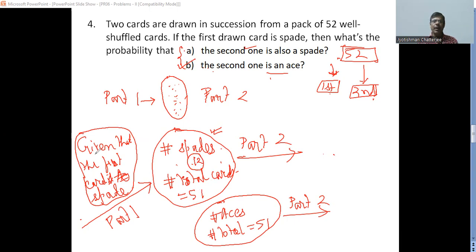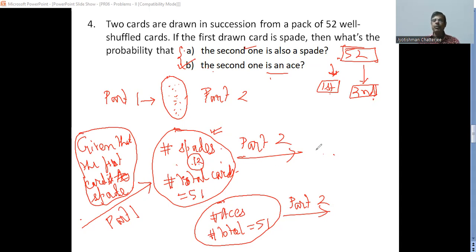That means no matter what is the choice made, I'm just repeating the same thing to emphasize, because we are given that the first drawn card is a spade, we are left with this configuration that there are 12 cards of spade and total number of cards 51.